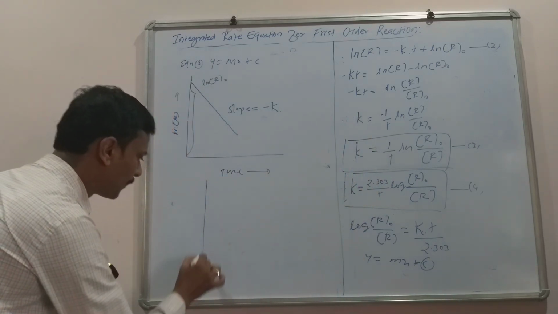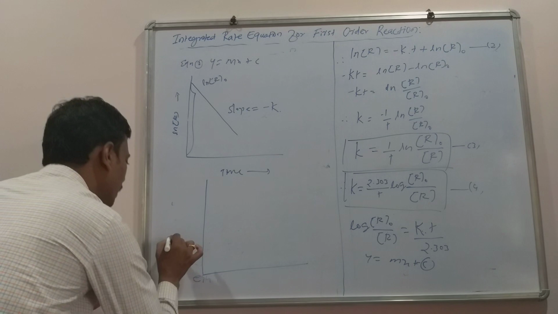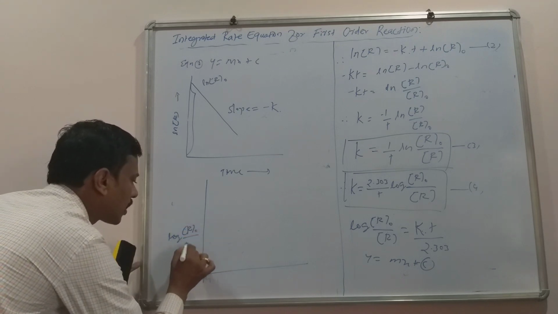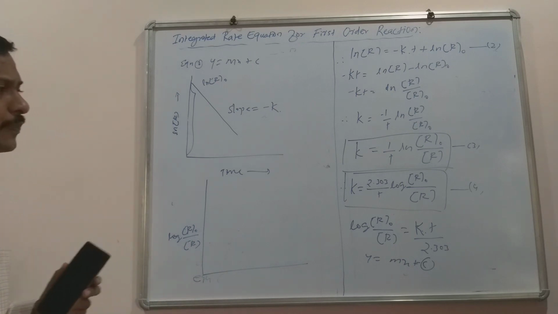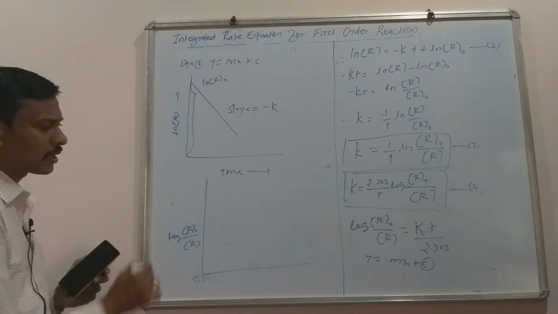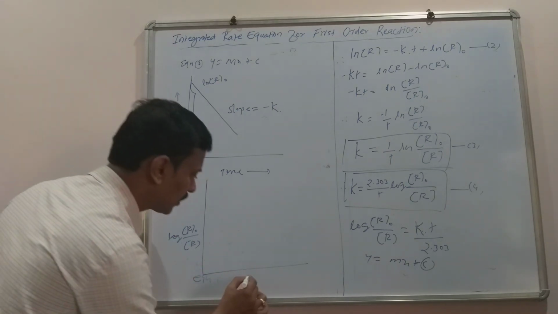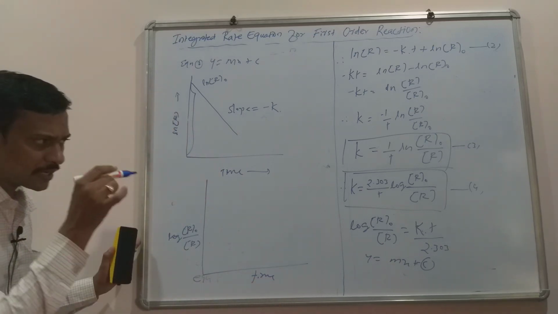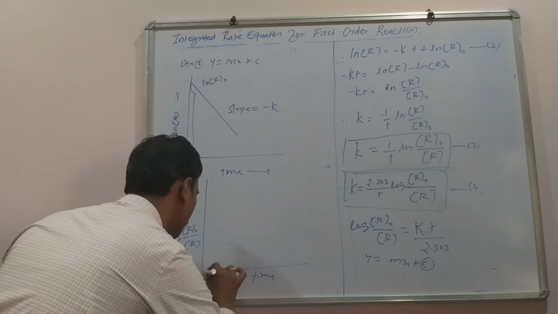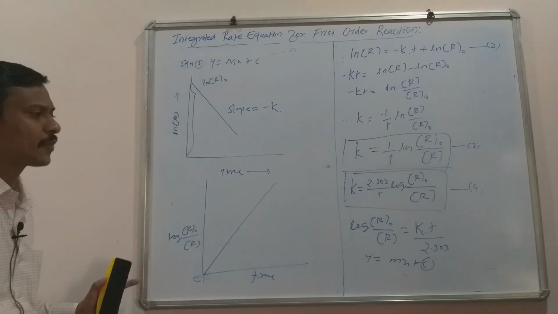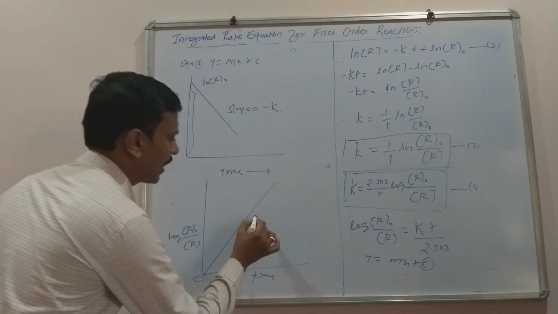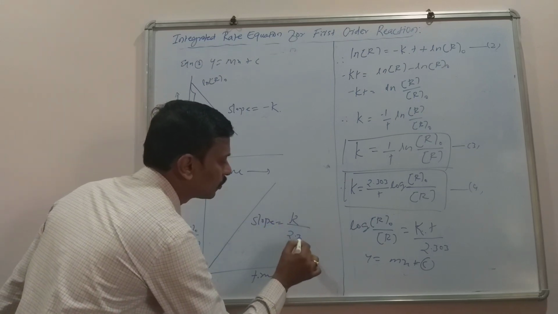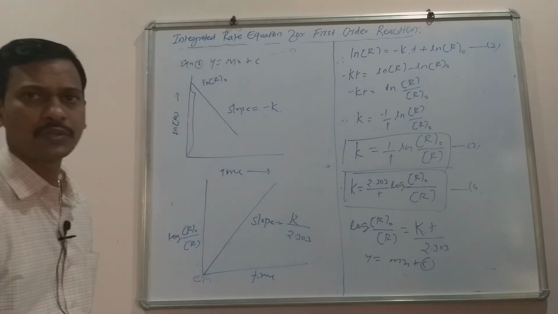Now by plotting the graph of log of concentration r naught upon r versus time, the intercept is equal to 0, so we get a straight line passing through the origin, and the slope is equal to k divided by 2.303.